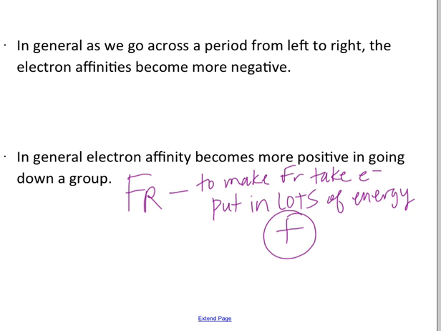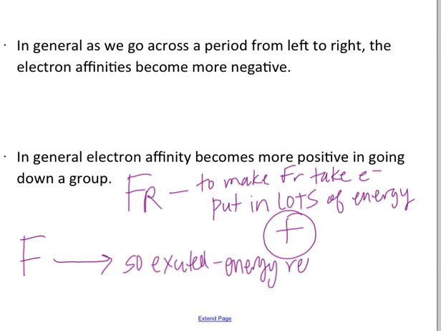But if this is true for that direction, then the opposite has to be true for going to fluorine. As you move toward fluorine across the table, these atoms get more and more excited about electrons, so they actually will release energy when they get an electron because they're so excited. Energy is released. And when energy is released, what's the sign? Negative.